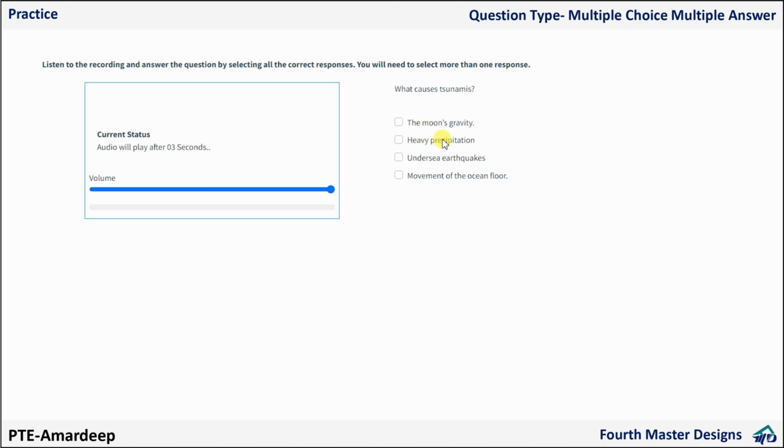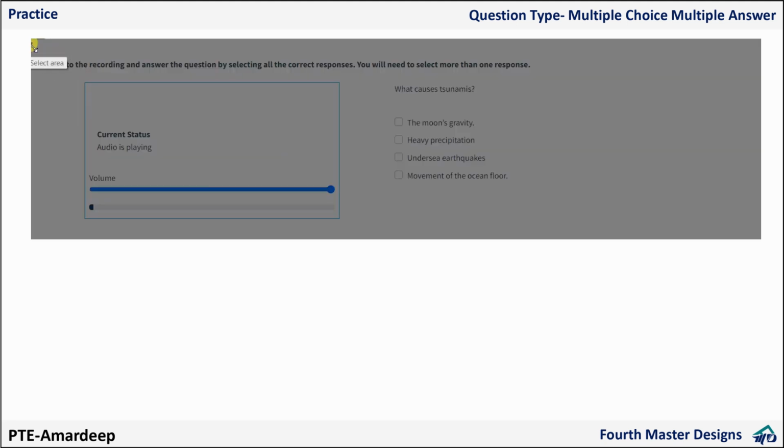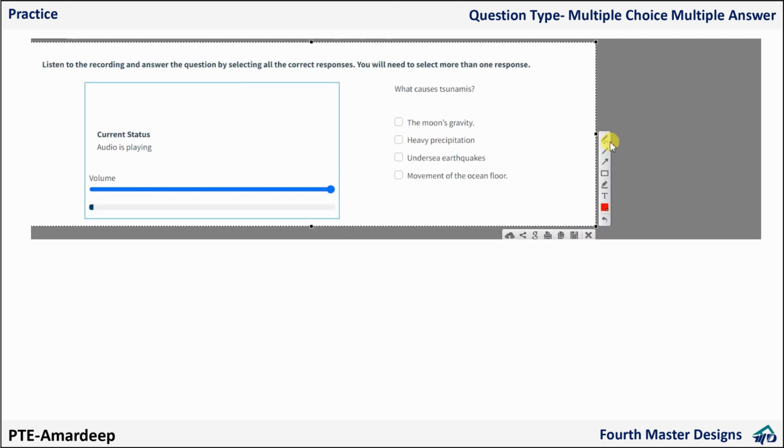The moon's gravity, heavy precipitation, undersea earthquakes, and movements of the ocean floor. The term tidal wave is often inaccurately used for a tsunami. Tsunamis have nothing to do with the action of tides. A more accurate term is seismic sea wave. There has to be a disturbance of the Earth's crust to produce a tsunami. Large earthquakes with epicenters under or near the ocean are the cause of most tsunamis.